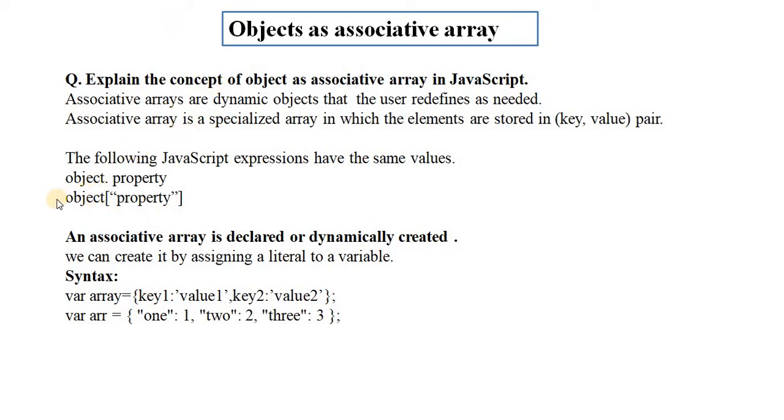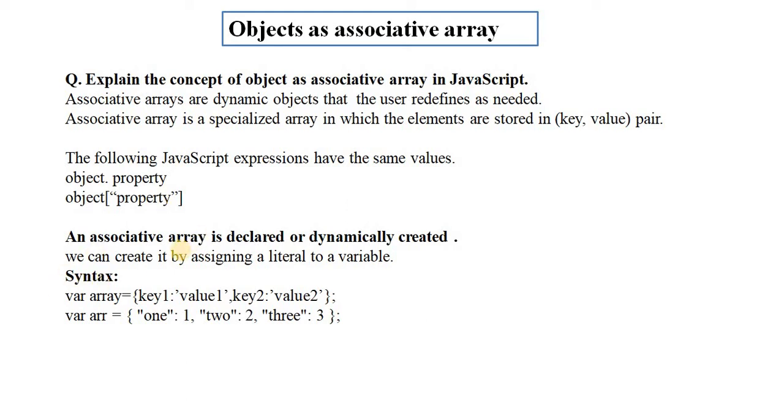For that object or array, we pass a string, suppose a name, in double quotes in square brackets and access the value by using a string as an index. This is called an object as an associative array.